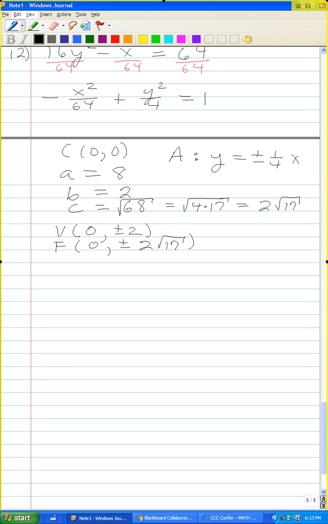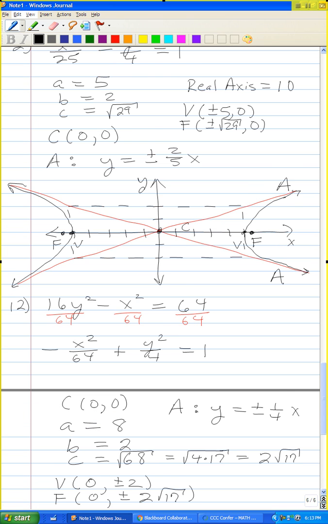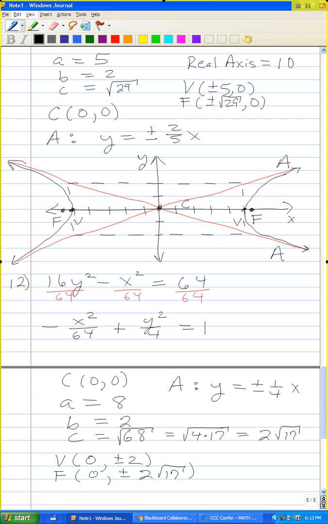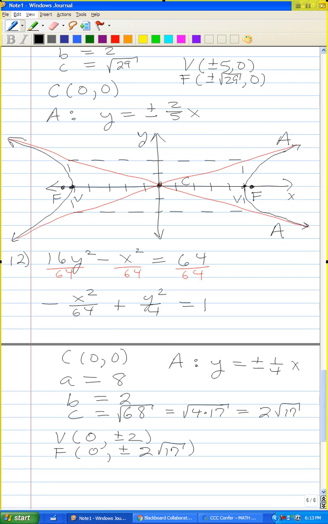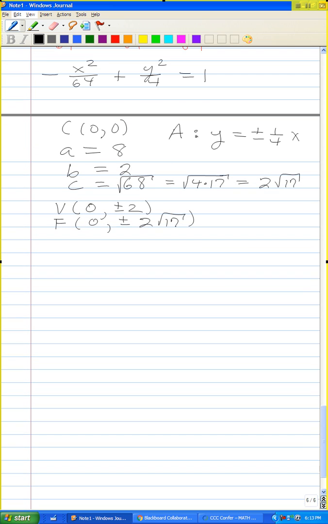And we have the asymptotes. What else did I want? The real axis. Let's figure out the distance: 2 plus 2 is 4. So the real axis has a length of 4. So let's draw this.